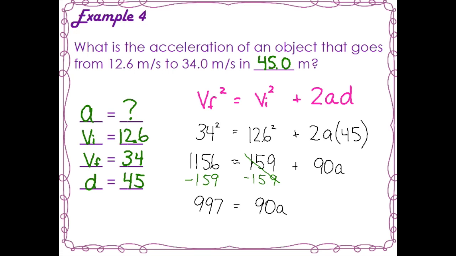And now to get the A by itself, I'm going to divide both sides by 90. 11.1 meters per second squared. That's the unit to measure acceleration.